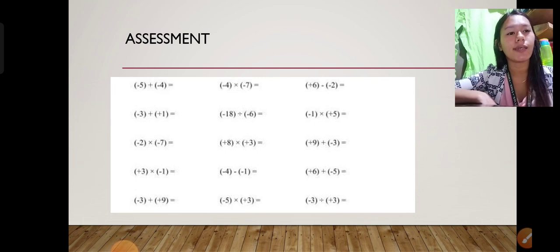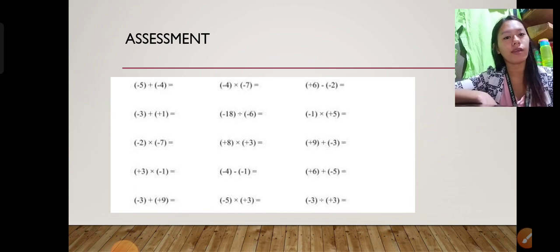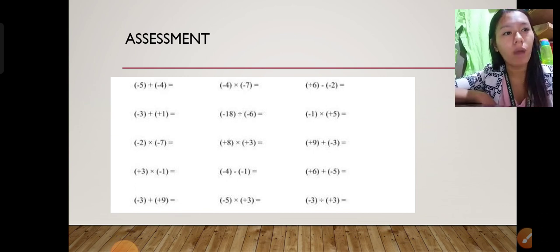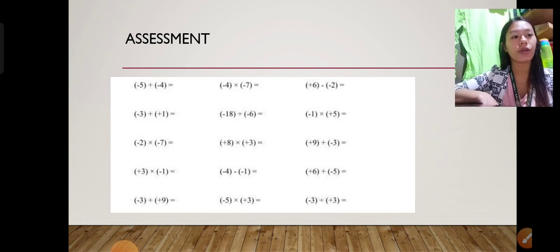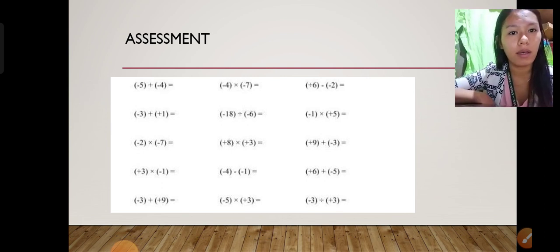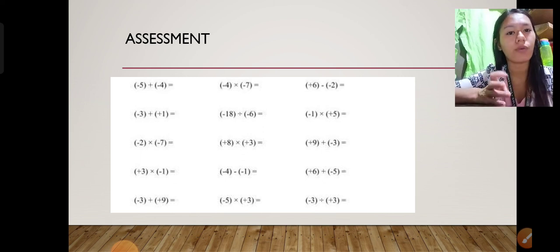So since these are unlike signs, the rule of the multiplication of integers is that if the signs are unlike, the answer is negative. Since it is unlike signs, our answer is negative. So 3 times negative 1 is equal to negative 3.